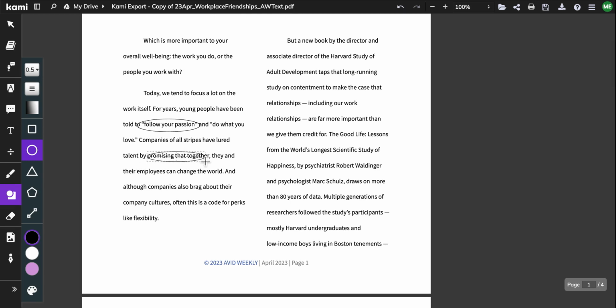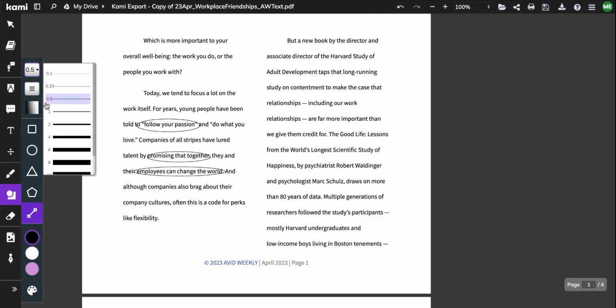This right here seems to me something important to that specific article. You don't have to circle everything. You just circle what you feel is eye-catching, something that is going to help me better understand the story.